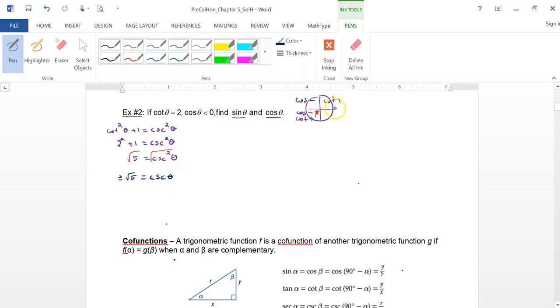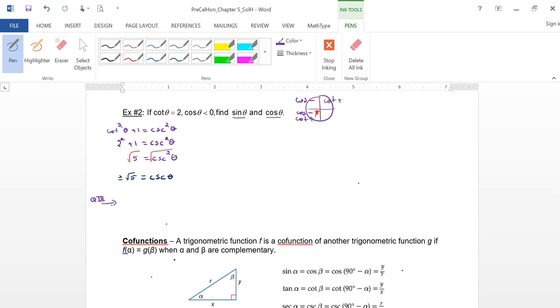Now, my solution is supposed to be in quadrant 3. In quadrant 3, cosecant is negative, right? So I take the negative one. I got that cosecant is plus or minus root 5.